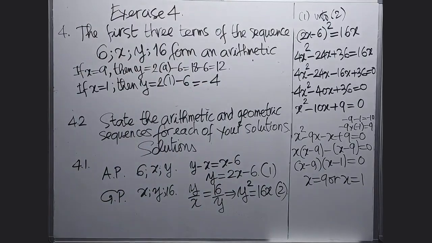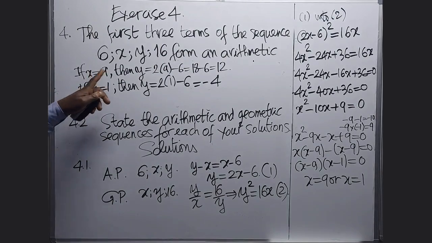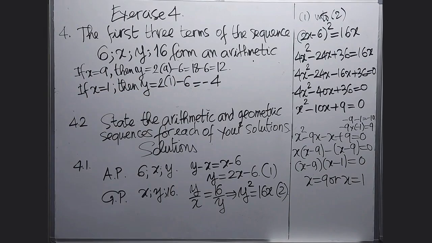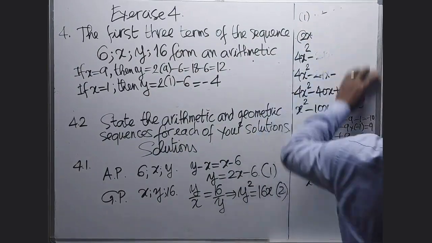Now we have responded to the first question. If x is equal to 9, y is equal to 12. If x is equal to 1, y is equal to negative 4. Now we're going to go to question 4.2. Our values of x are here. I'm going to clean this side so we will have some space.